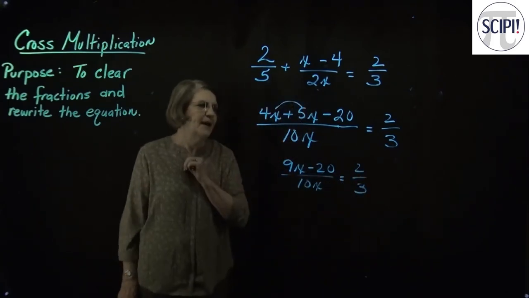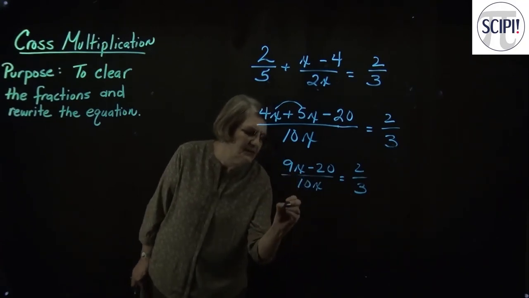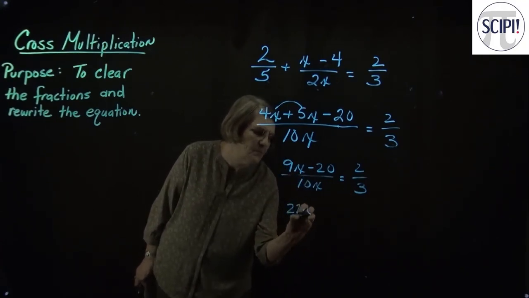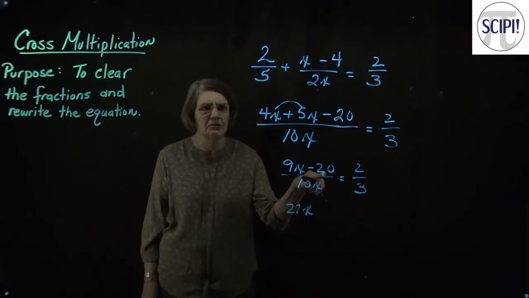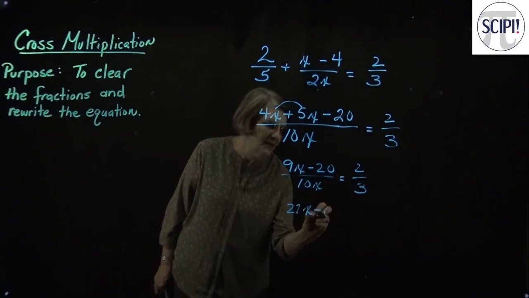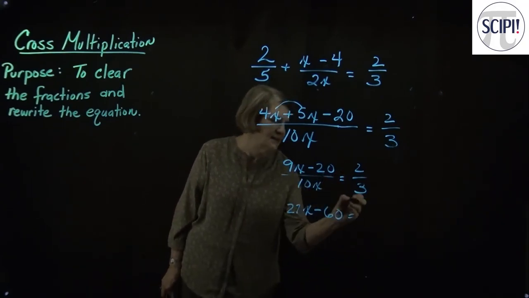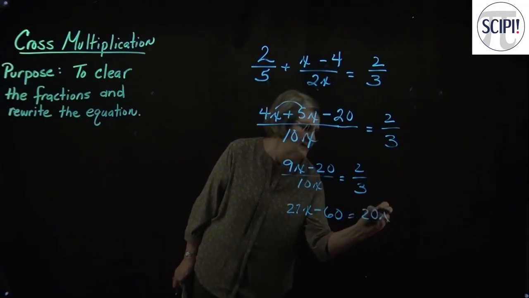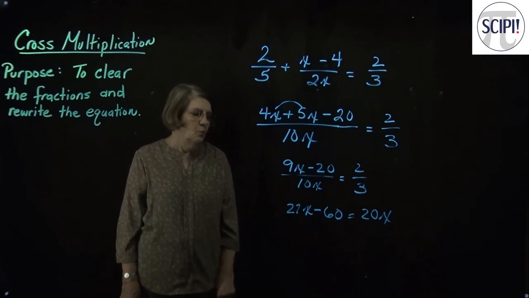Now, that even looks better. Let's try it. 3 times 9x is 27x. 3 times minus 20, put the calculators away, do it in your head. Right. Equals 2 times 10x, 20x.